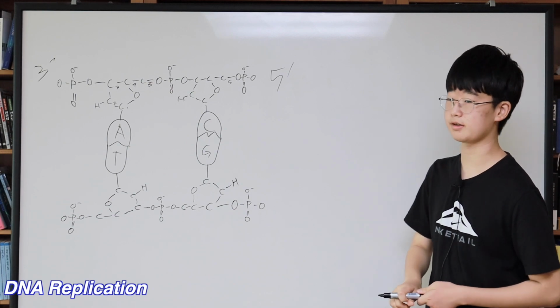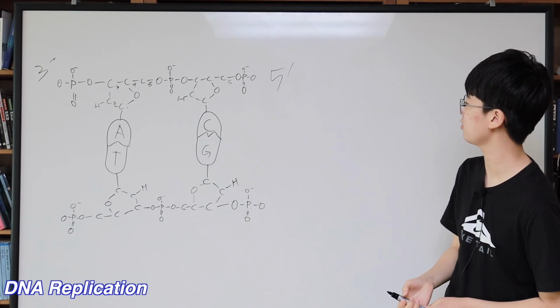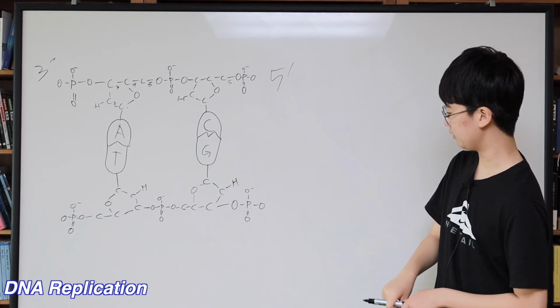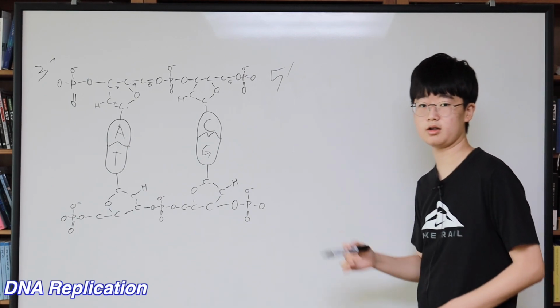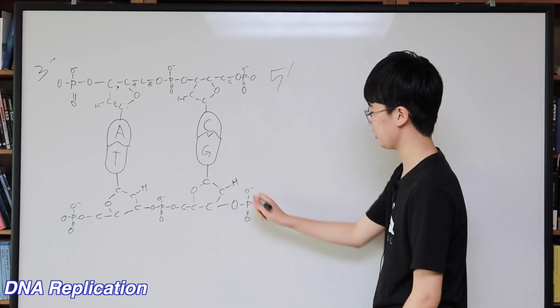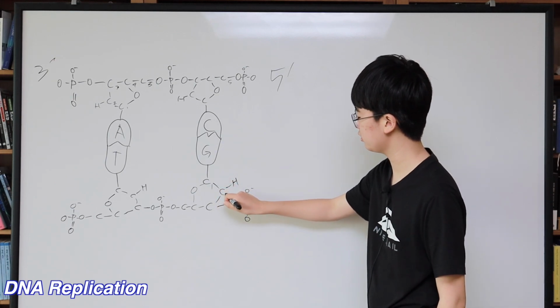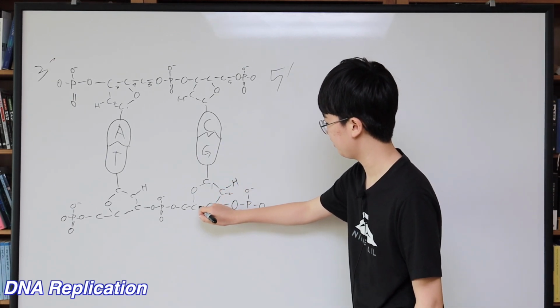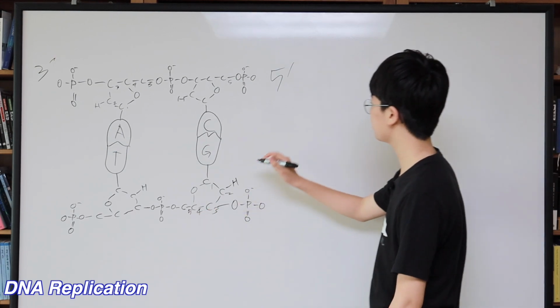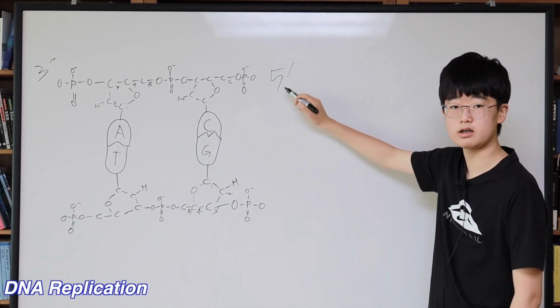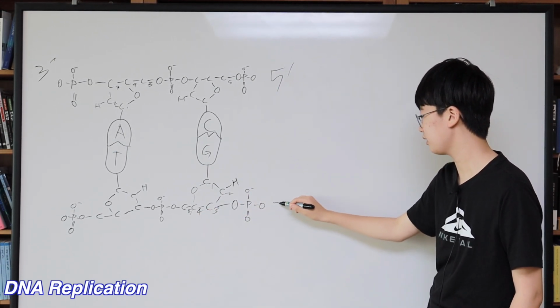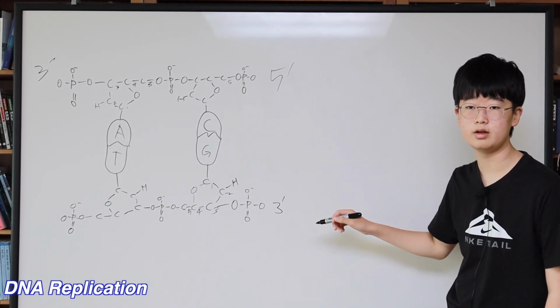I don't know if they're called 5' ends or 5 ends, but I'm just gonna call it 5 end. And so if you look here, it's 1, 2, 3, 4, 5. So where it was 5 end on the top part, it is 3 end on the bottom.